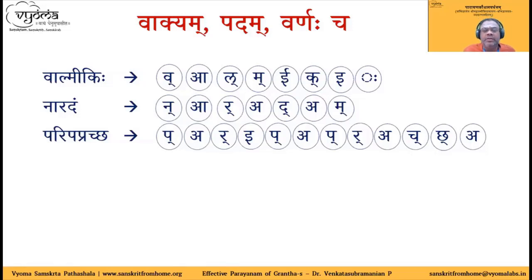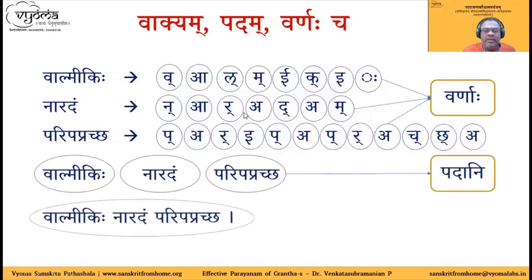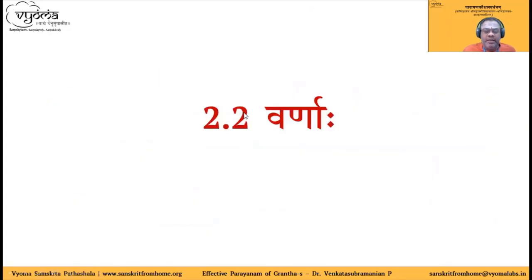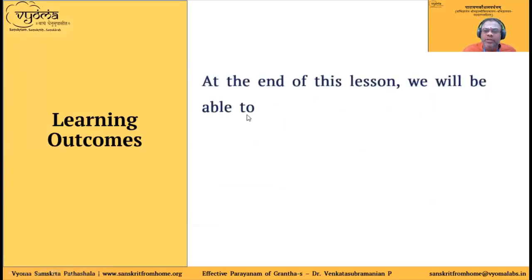This is how it is. Same way for Naradam, same way for Paripapracha. So these are the components of a Bhasha. Varnaha, Padani and Vakyam. Now we will understand what are these Varnas and how this classification happens at the end.